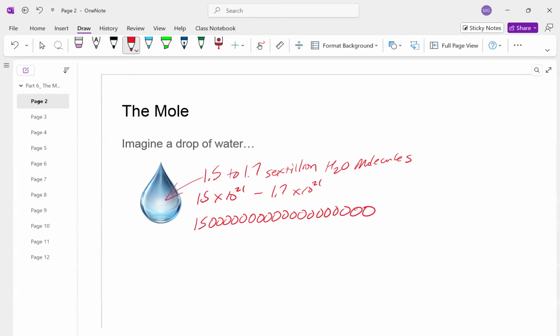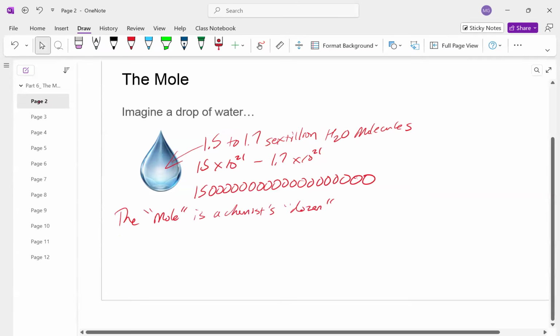And how do we manage counting all of these atoms and molecules? To deal with a large number of very, very small objects, we use something called the mole. I want you to think of the mole as a chemist's dozen.